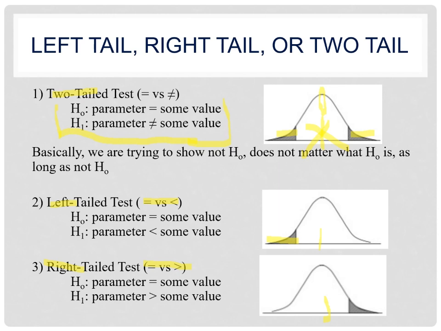That's why it's a left tail, because all numbers that are less than go on the left of the mean. And the right tail test says, you know what, I believe that number should be higher than what you're claiming. So I'm going to do a greater than test, and it's going to be on the right tail, because we know that numbers that are greater than are on the right.